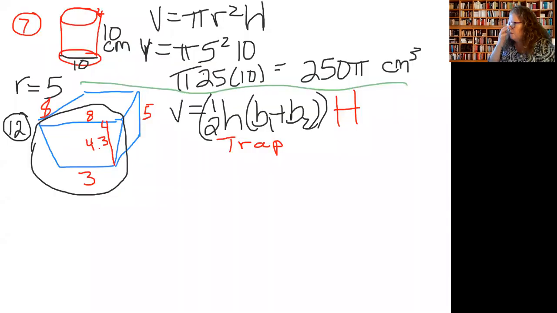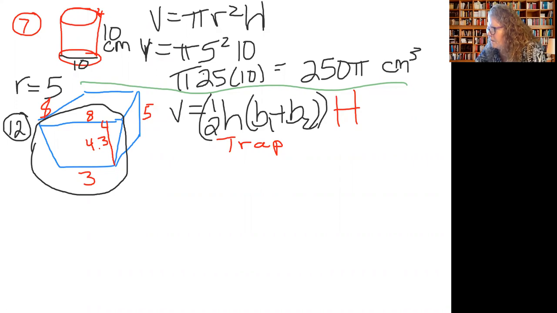Okay, so let me recap. Then my recording paused. So I have a trapezoid. The bases are 3 and 8. The height of that trapezoid is 4.3. That's the perpendicular one. The number that joins the two trapezoids together would be 8. So this is the formula for my trapezoid volume.